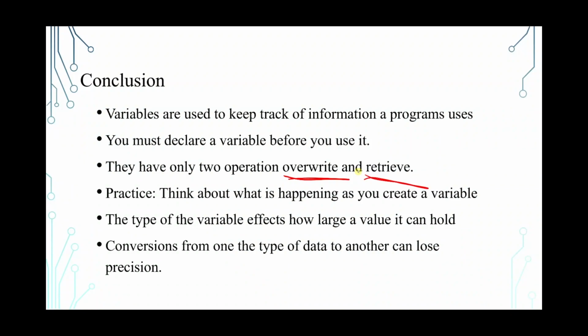The type of the variable affects how large a value it can hold. Conversions from one type to another can lose precision. So follow the rules and remember the rules of widening and narrowing conversions.